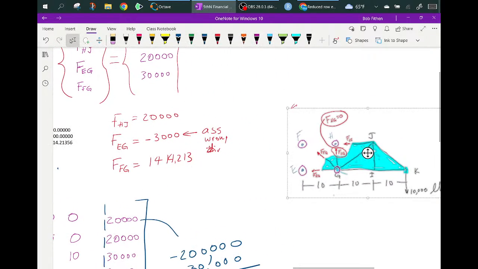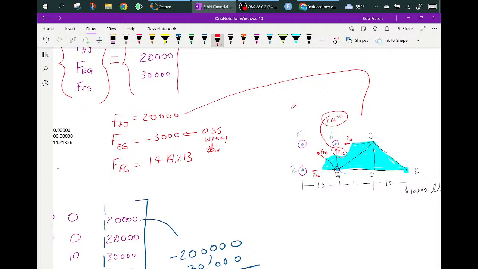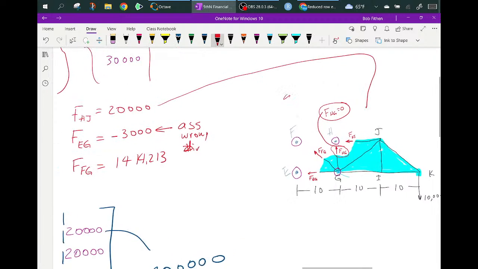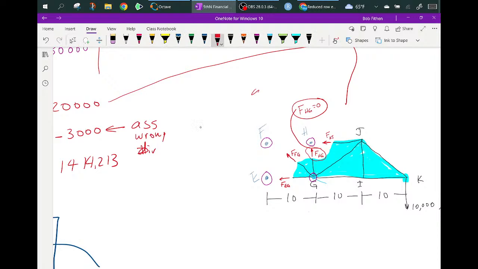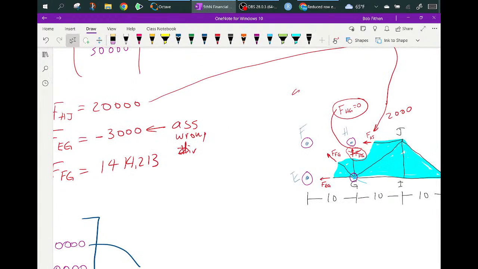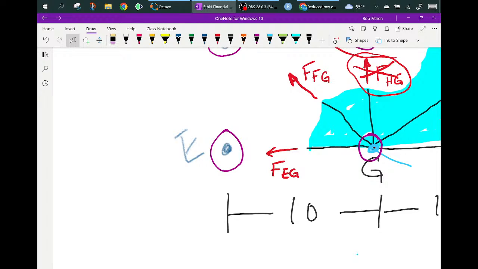So FHJ. Okay, there we go. FHJ is 20,000. This one's 0. FEG, EG. So essentially what this one is, the EG is going the other direction, and it's 14, 14.